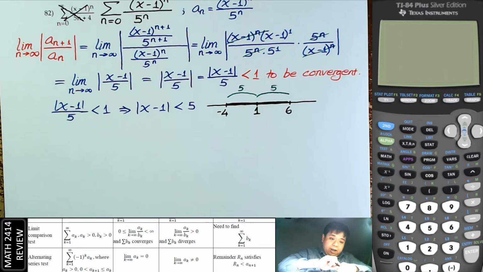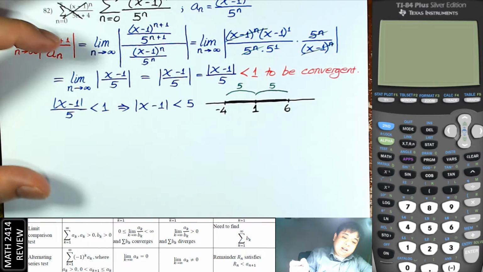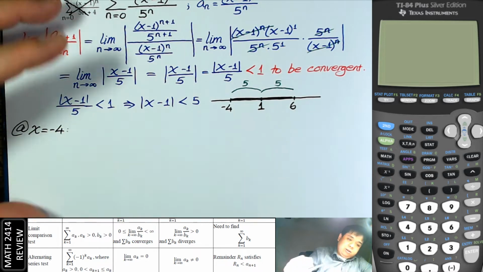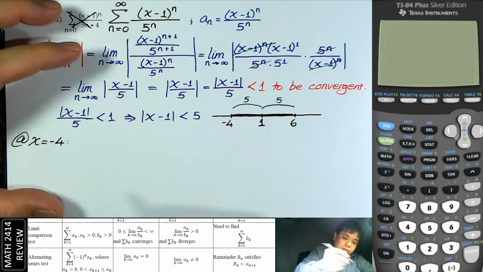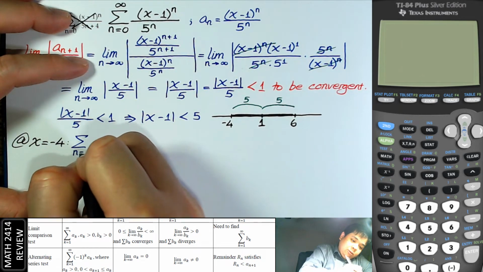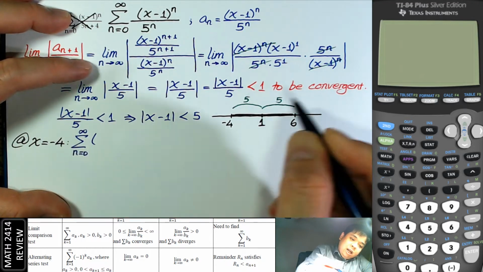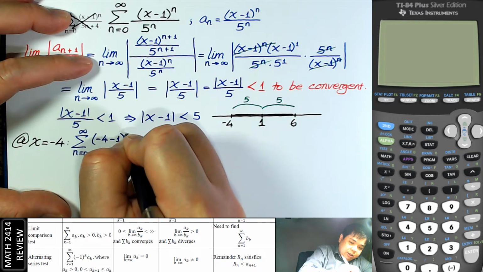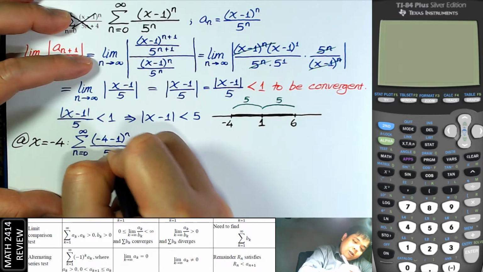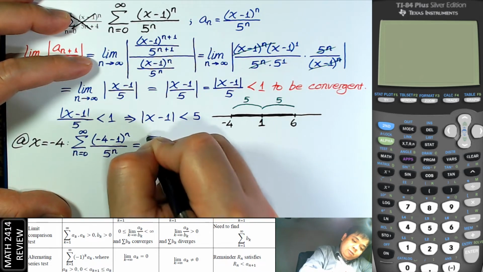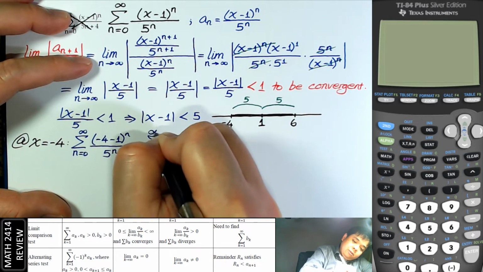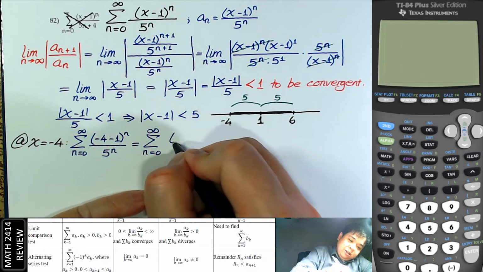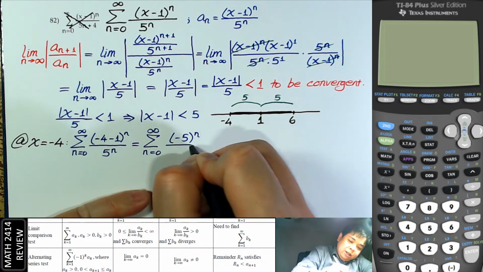Right. Now we just need to check what happens at negative 4 and what happens at 6. At x equal to negative 4, I put negative 4 in here for x. Negative 4 minus 1, that is negative 5 to the n over 5 to the n.